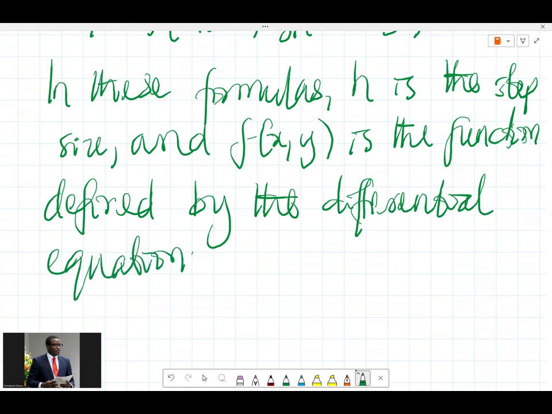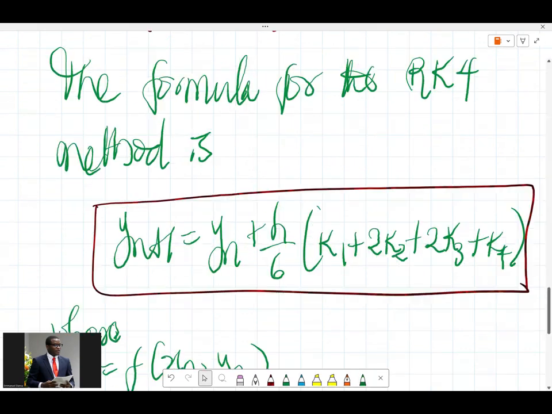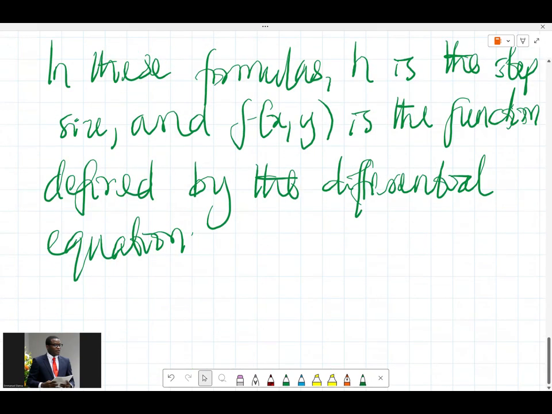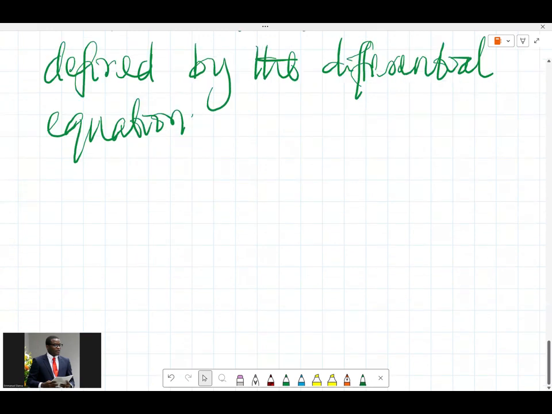So that we can compare our results here with what we got from Euler's method, I'd like us to solve the same problem. So let's talk about an example, the same example.